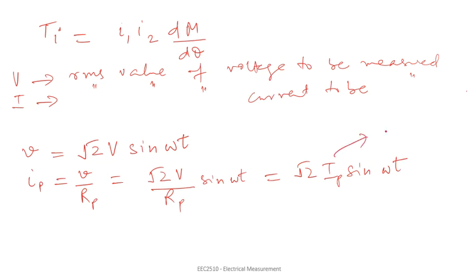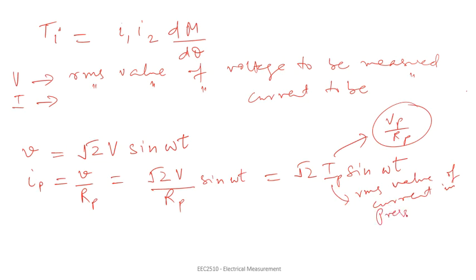This Ip represents the RMS value of current in the pressure coil circuit, and Rp is the resistance of the pressure coil circuit.